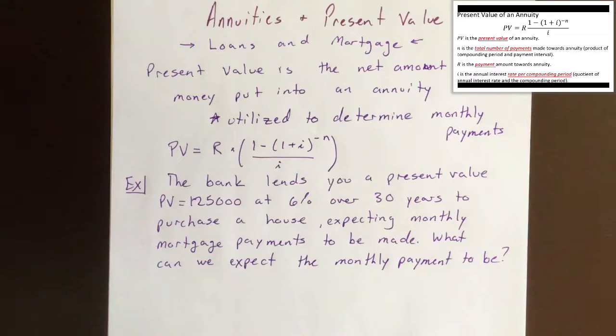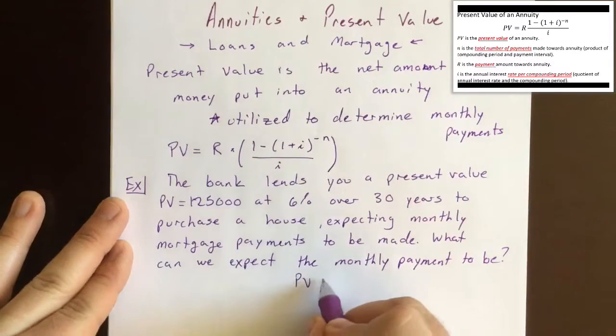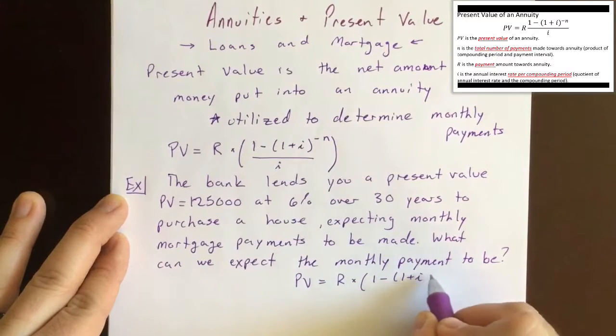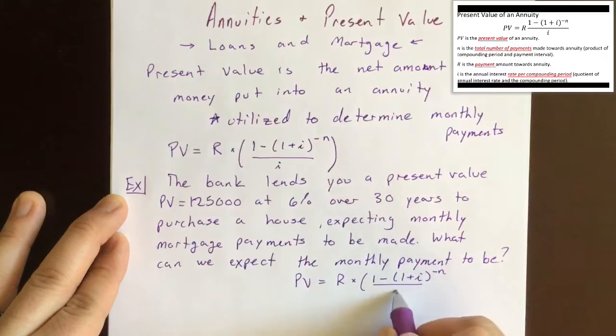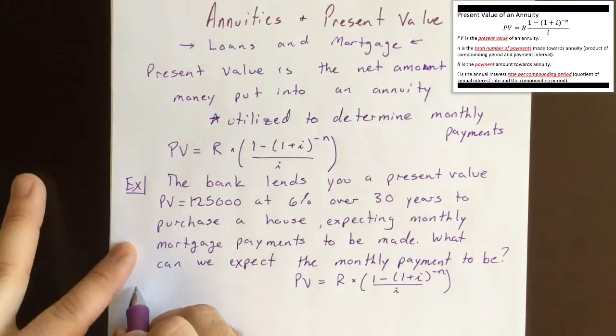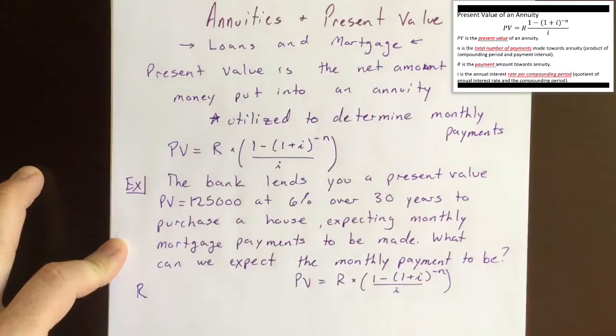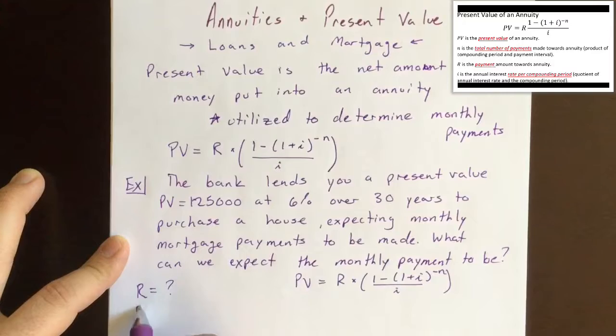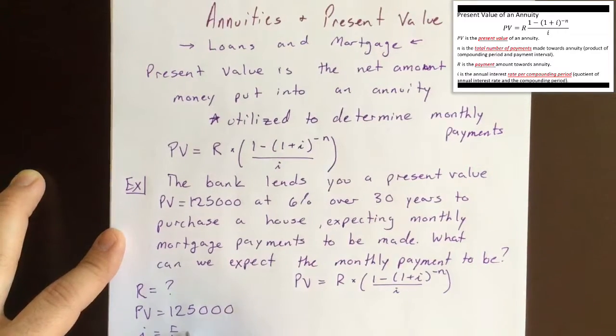So here, knowing our formula, we don't know what our monthly payment will be, but our present value, and then I is, like always, R divided by K. So 0.06 divided by monthly payments of 12.